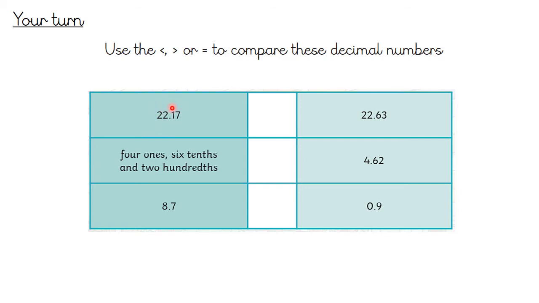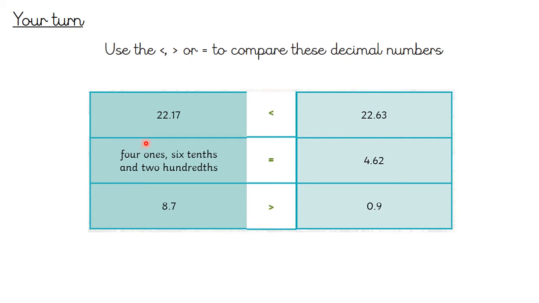So 1 is obviously less than 6. So we now know that 22.17 is less than 22.63. I'm actually going to give you the answers now because they're popping up like that. So yes, 22.17 is less than 22.63.